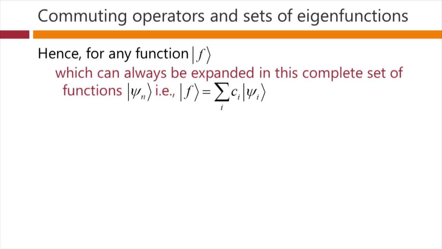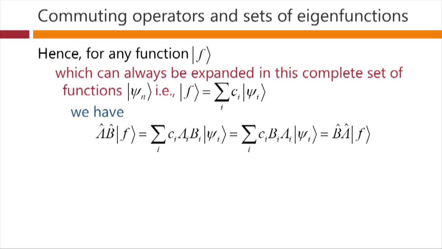Hence, for any function f, which we can expand therefore in this complete set of eigenfunctions psi n, so here's our expansion with expansion coefficient ci. For that function, we have that A after B operating on f is the sum over all the ci's of A after B operating on psi I. So we know that's just ai times bi times psi I. And similarly, that's just the same thing as bi times ai times psi I everywhere in this sum here, because numbers commute.